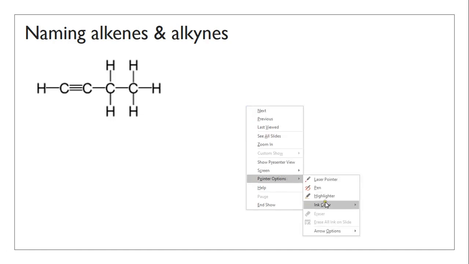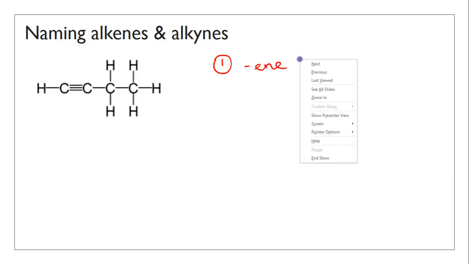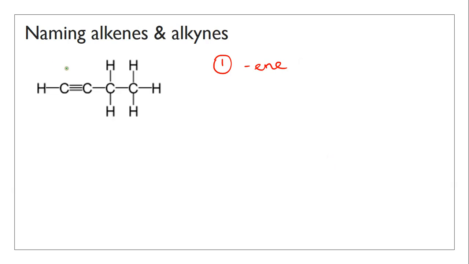So once again, if you're very confident, you can just pause the video here and do it yourself and then check with my answer. But I'm going to start with the suffix, so it ends with ene. So the stem has 4 carbon atoms. So 4 C is but.